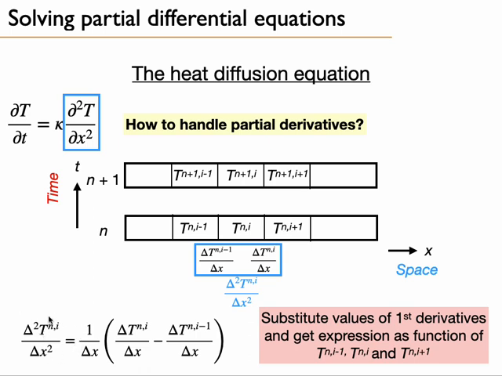We have this expression, 1 over delta x, times the difference between two approximations of the first order derivative. So to evaluate this as a function of the temperature, you have to substitute the value of the first derivative to get an expression as a function of T n, i minus 1, T n, i, and T n, i plus 1. So you just have to substitute the definition of the first order derivative inside this expression.